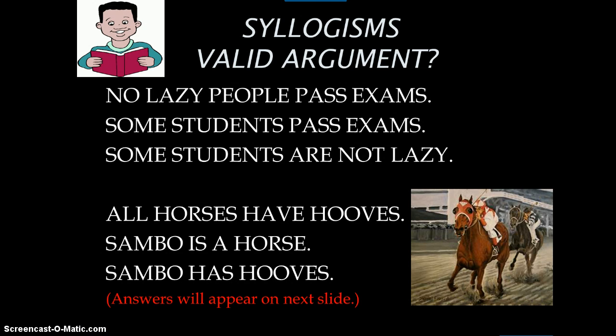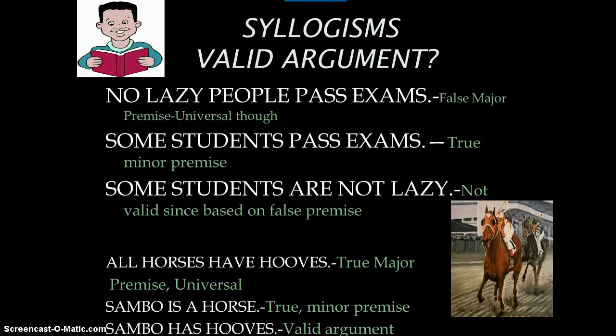Let's continue to look at some examples. No lazy people pass exams. Some students pass exams. Some students are not lazy. All horses have hooves. Sambo is a horse. Sambo has hooves. So, no lazy people pass exams.